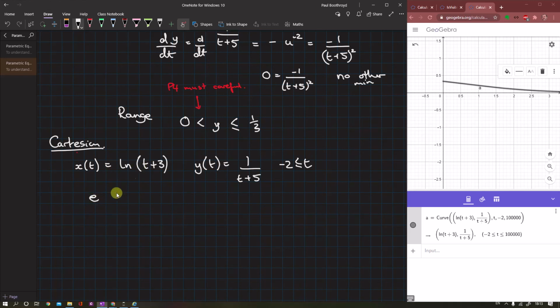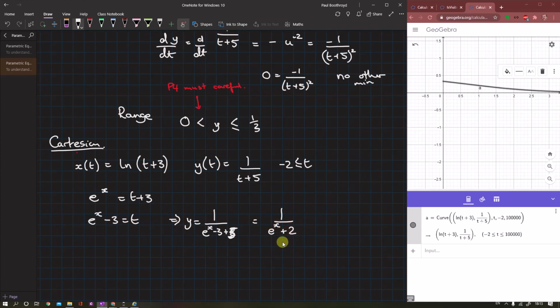So I'm undoing log by doing e to the x, and that's t plus 3. e to the x minus 3 is equal to t, and then I can substitute it into this equation. So we now get y is equal to 1 over e to the x minus 3 plus 5, sorry, I jumped ahead in my head. So it's 1 over e to the x plus 2.